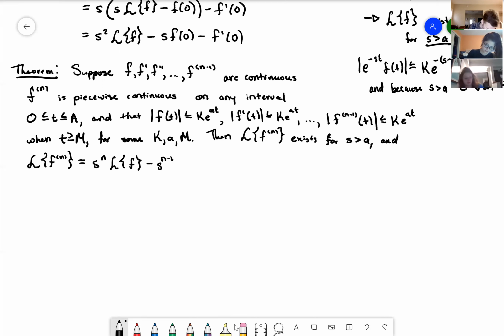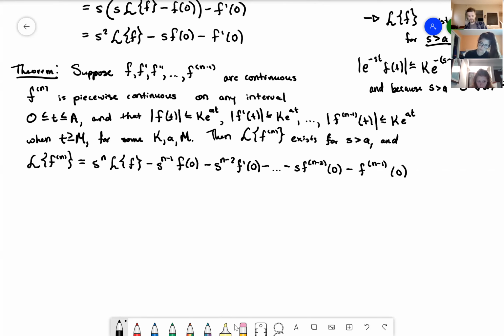So the exponent goes down by 1. f of 0 minus s to the n minus 2 f prime of 0 minus, and of course, it continues like this, getting all the way down to s times the n minus 2 derivative evaluated at 0 minus the n minus 1th derivative evaluated at 0. So just by continued application of this rule that we've already established.